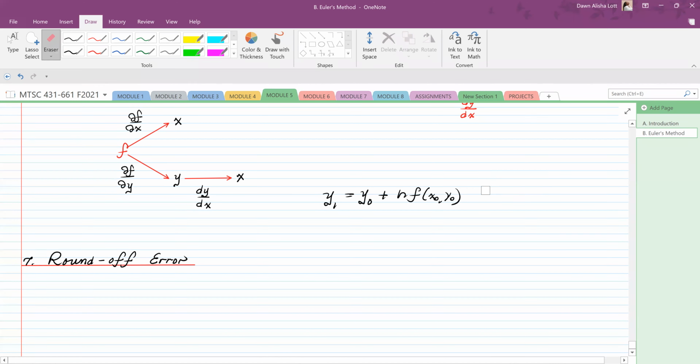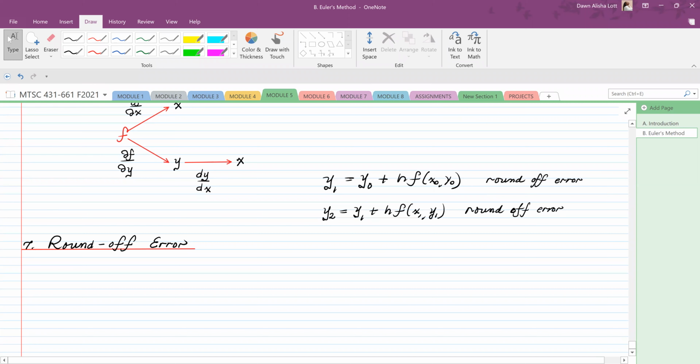So I have round off error here. Say I'm rounding to whatever, 6 digits, 4 digits. Then I take and propagate that error in the y2, f of x1, y1. I have more round off error. So round off error propagates off of every iteration as we are trying to find our solution.